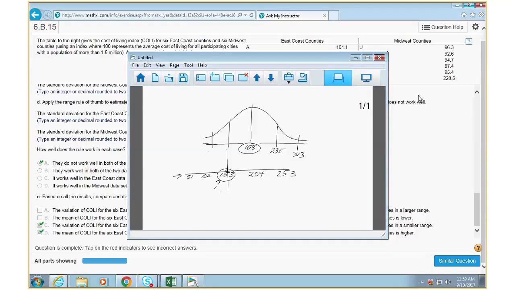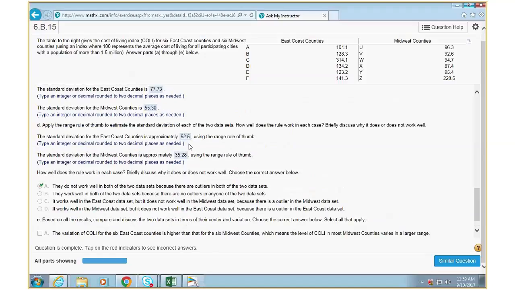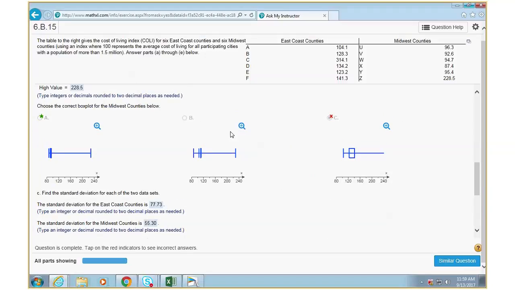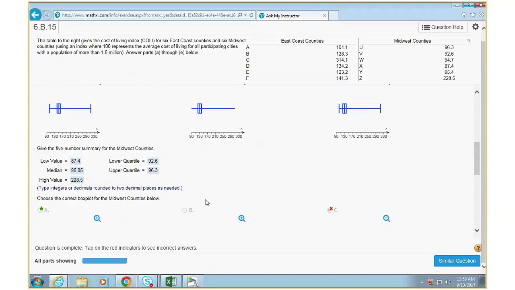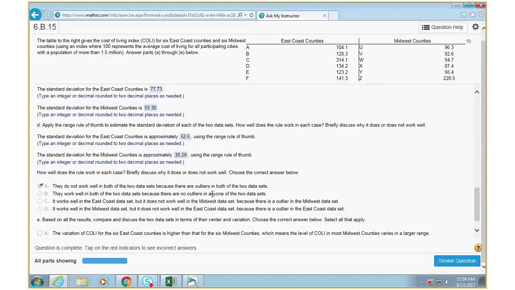Hold on a second. Right here. Using the range rule of thumb for the standard deviation. Did we get 51 or something like that? Midwest, what about the East? No, I'm looking for the range rule of thumb.